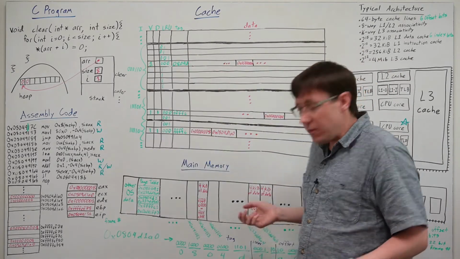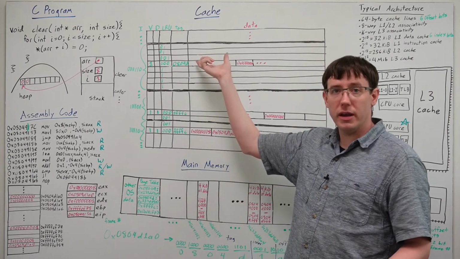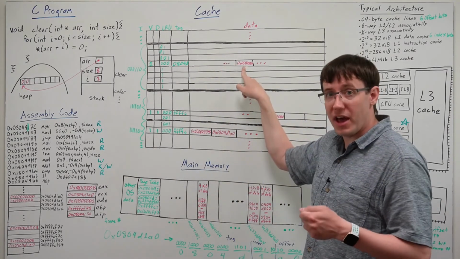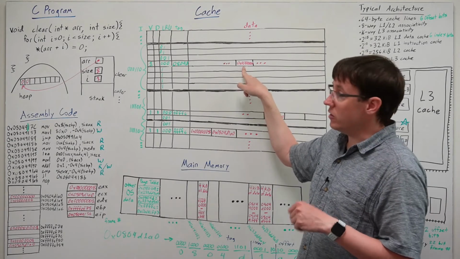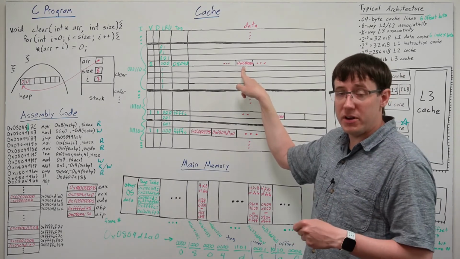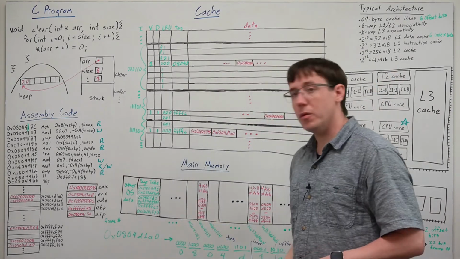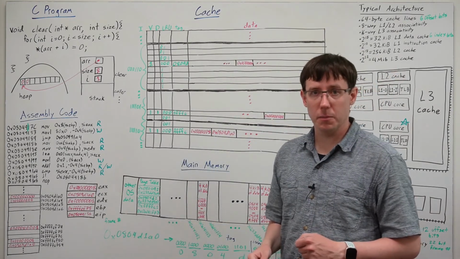And now, even though we just brought the block into the cache, because we have updated part of that block, we know that this block is more up to date than what's at the lower levels of the hierarchy, and so in the metadata we should mark it as dirty.